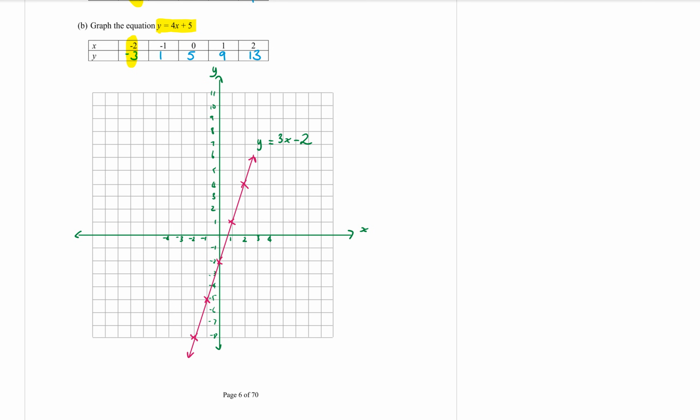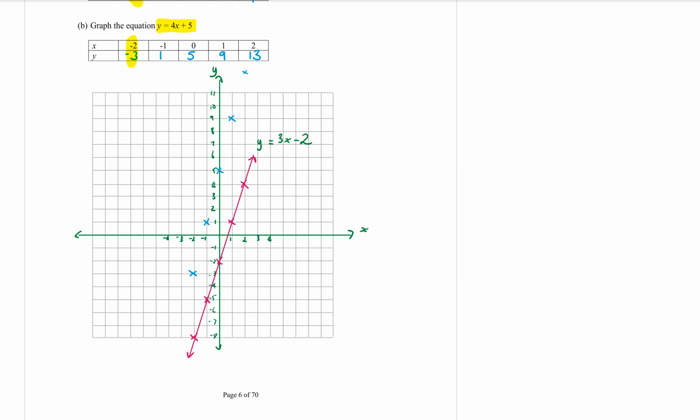So -2 for the x value, down to -3, put across. The next one is -1, 1, -1, 1 up here. Next one is 0, 5, then 1, 9, and 2, 13 would be up here somewhere.